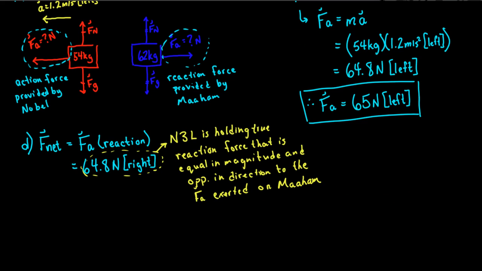Okay, now if we look at Nobel and we know that the net force is equal to this 64.8 newtons that we solved for, remember, any net force is also equal to a mass times an acceleration.